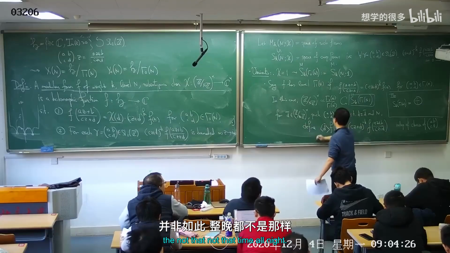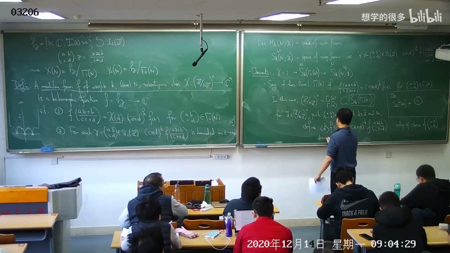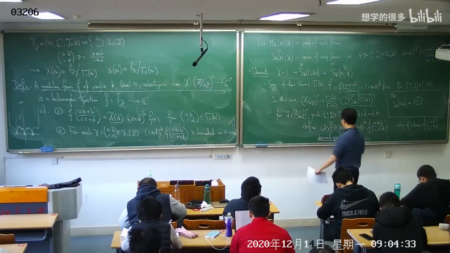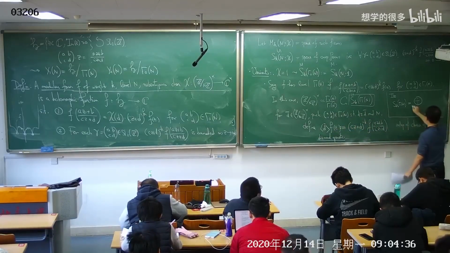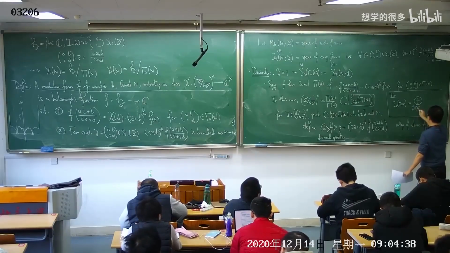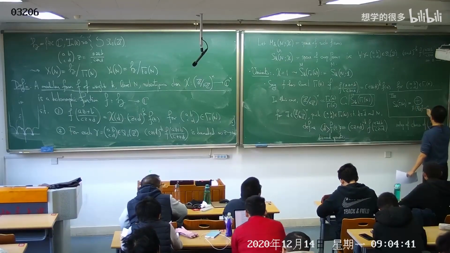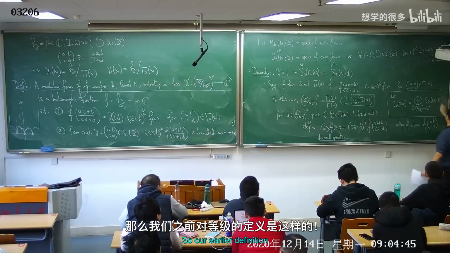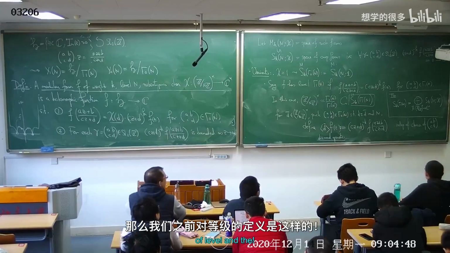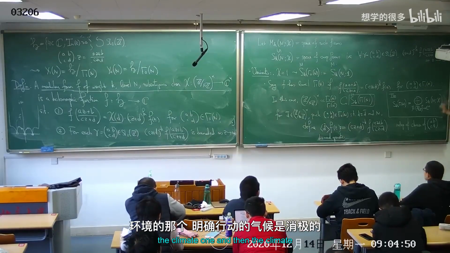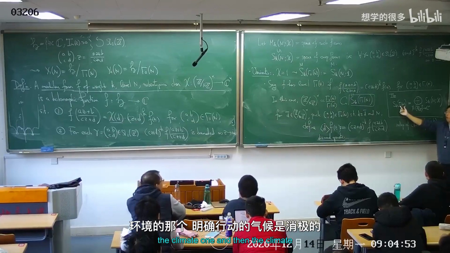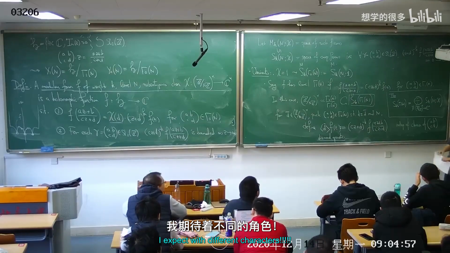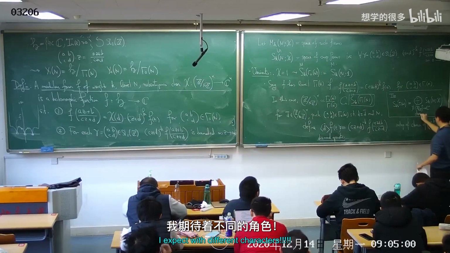Not that diamond, small diamond. So our earlier definition of level N with nebentypus χ is nothing but taking the Γ_1 level and then taking this diamond operator action's corresponding eigenspace with respect to different characters.